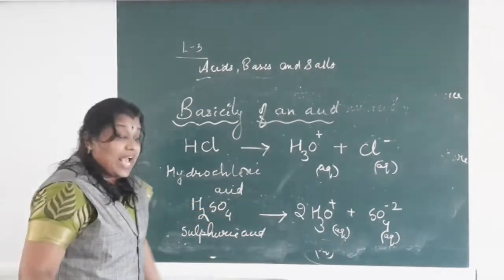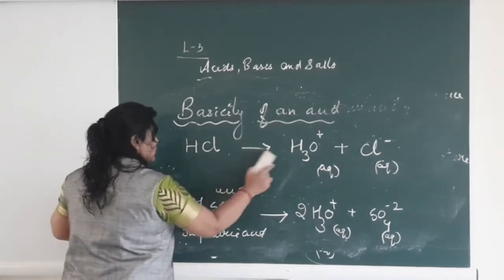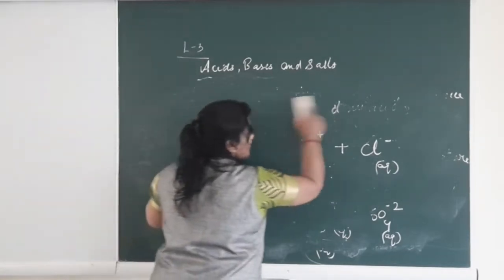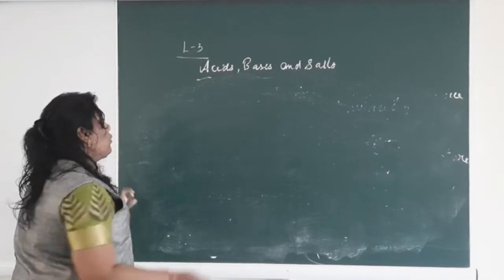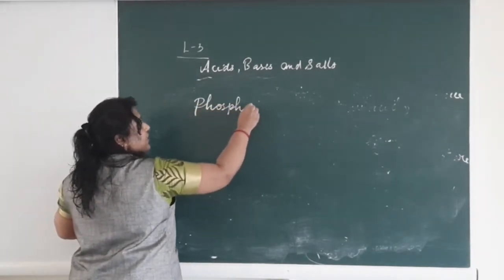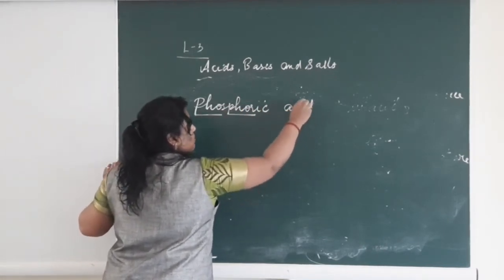Likewise, we have acids whose basicity is 3. Example of phosphoric acid. Let me draw the structure.